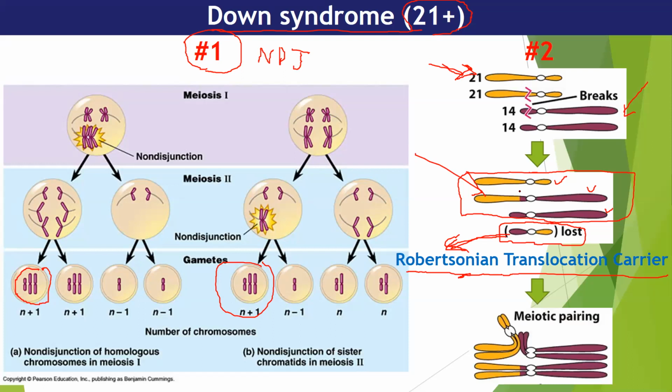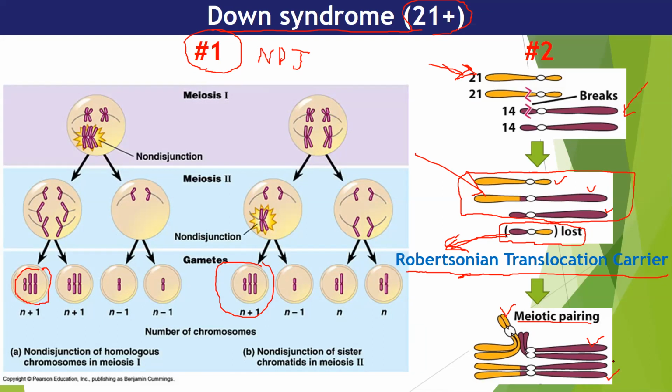All right. So if this carrier parent is going to produce gametes, during meiosis this is the meiotic pairing for these 3 chromosomes. Now we only have 3 chromosomes, right? We have 2 normal chromosomes and a very long translocation chromosome.